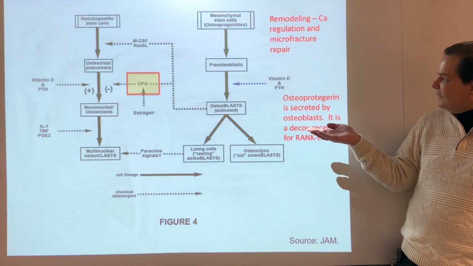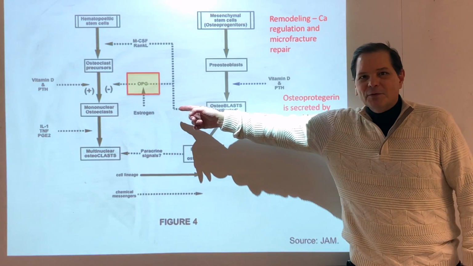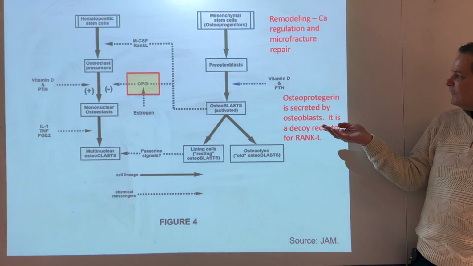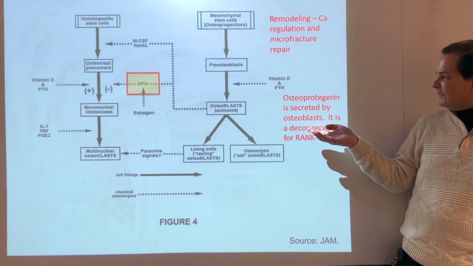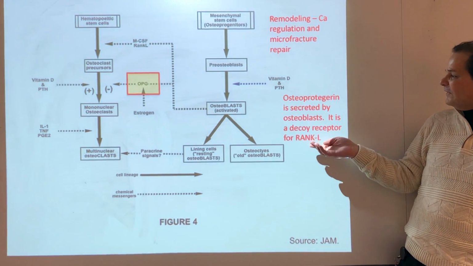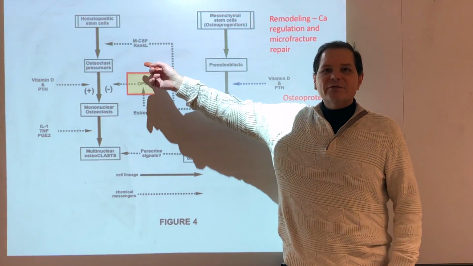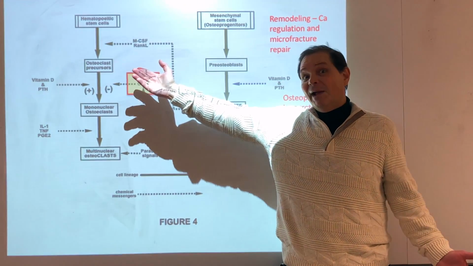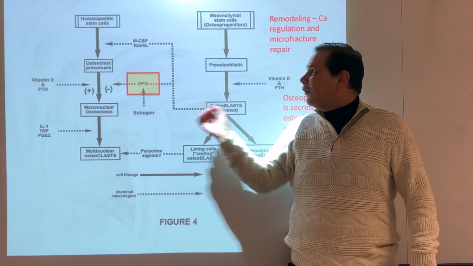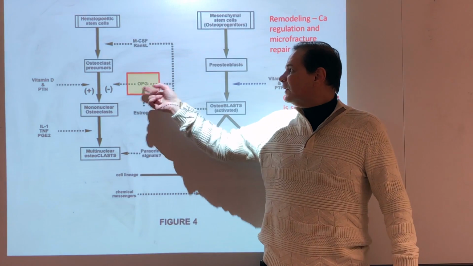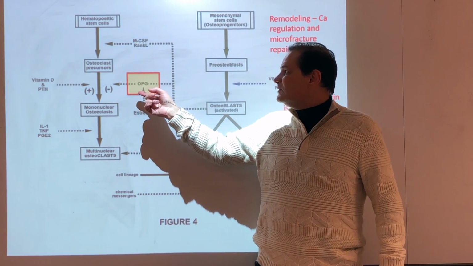Osteoprotegerin, henceforth known as OPG, something I can pronounce, is secreted by osteoblasts, okay? And it's a decoy receptor for RANKL. So RANKL is the ligand for RANK, okay? And so what happens is, instead of binding the RANK receptor, it starts to bind this OPG.